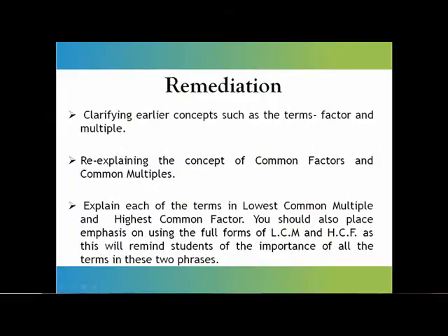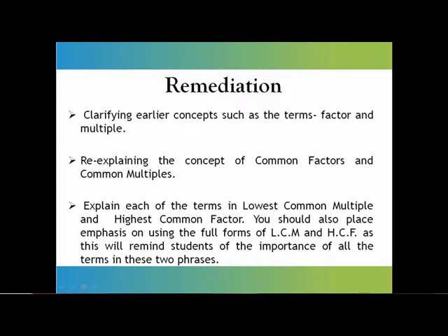It is important for us to clarify earlier concepts such as the terms factor and multiple. It is also important to re-explain concepts of common factors and common multiples. You should also explain each of the terms in lowest common multiple and highest common factor.